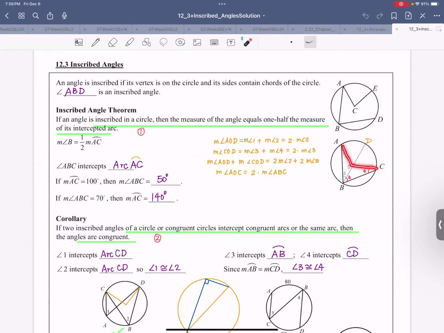This center angle is also corresponding to this arc. So their conclusion is that the angle equals half of this center angle, which is the measurement of arc AB. Why does this one equal half of this one?